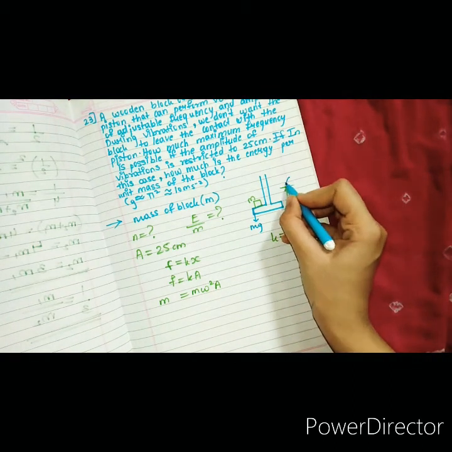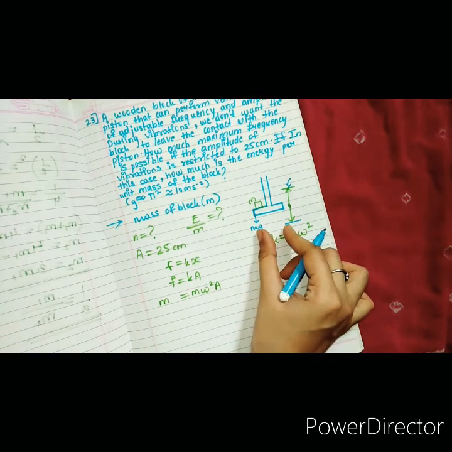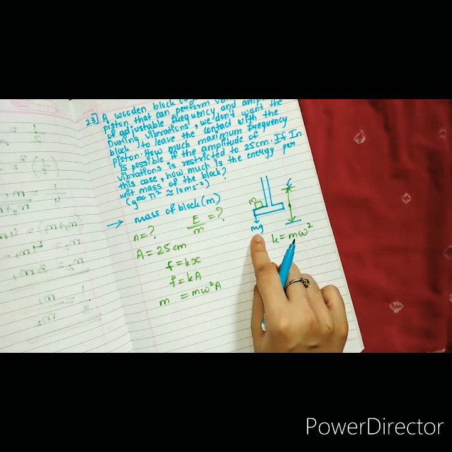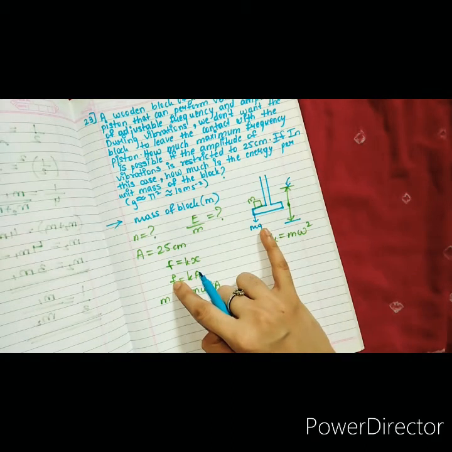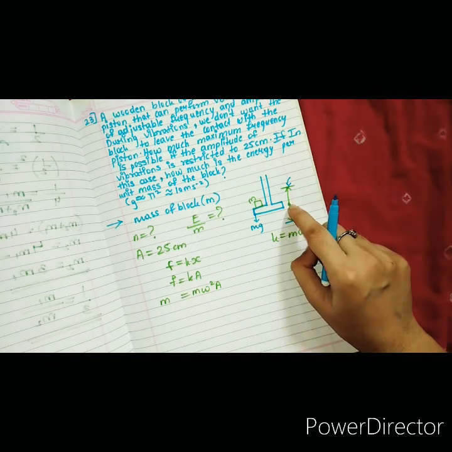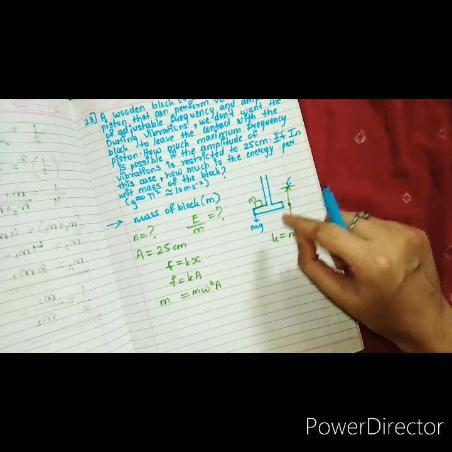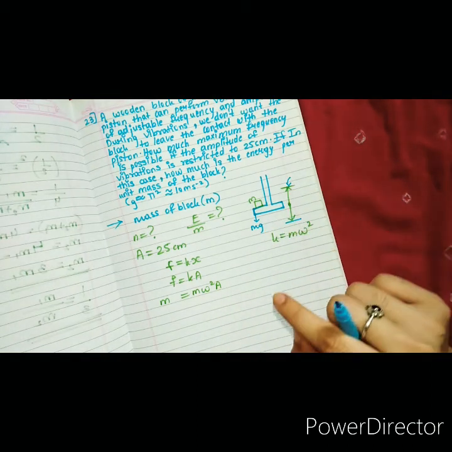At the highest point, or at the lowest point, weight will of course be in the downward direction, right? So force will be according to the weight, right? Whatever the restoring force will be, that will be according to the weight of the body. If the body is light in weight, that much will be the restoring force applied to the body to bring it to the equilibrium position. If the body is heavy in weight, then the restoring force is always according to the weight of the body.